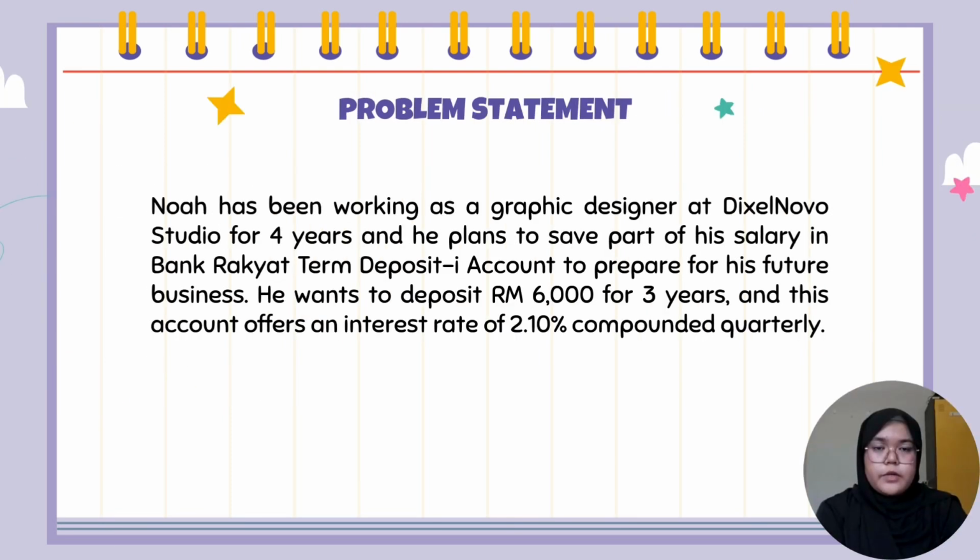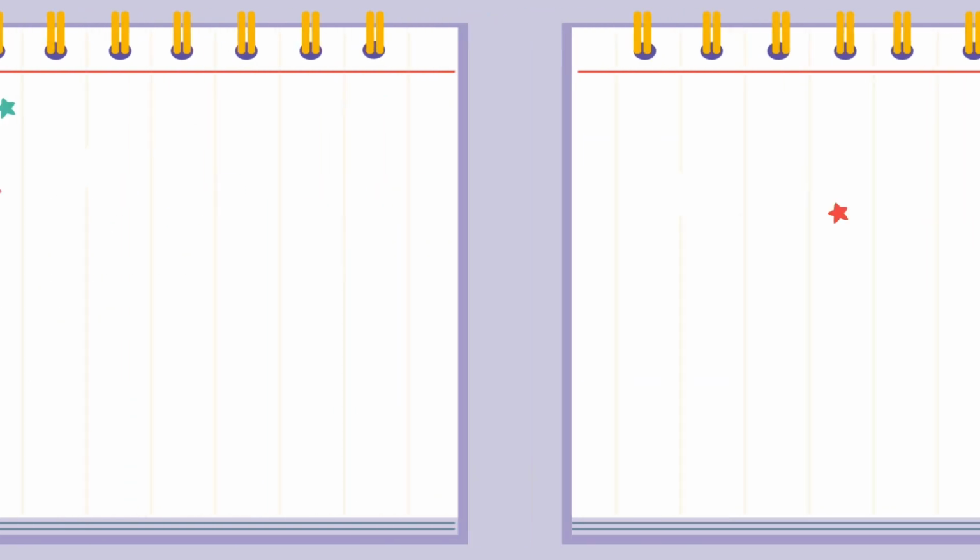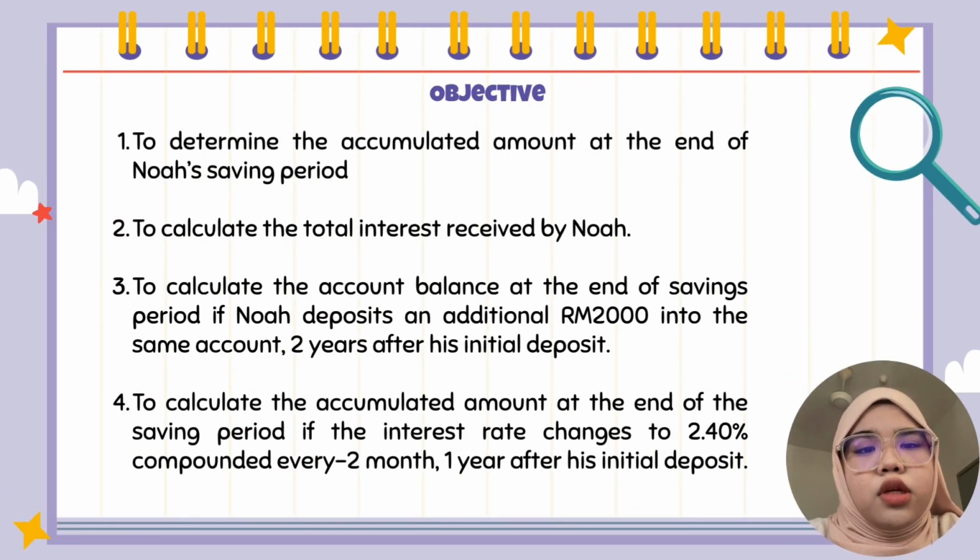Problem statement for case study 1. Noah has been working as a graphic designer at Design Hongkong Studio for 4 years, and he plans to save part of his salary in a Bank Rakyat term deposit I account to prepare for his future business. He wants to deposit 6,000 ringgit for 3 years, and this account offers an interest rate of 2.10% compounded quarterly. For compound interest, number 1 is to determine the accumulated amount at the end of Noah's saving period.